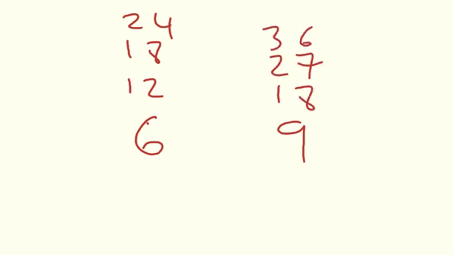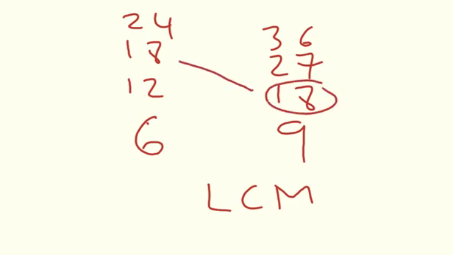It can go on forever, basically. But lowest common multiple means it's your multiples, it's the common one, but it's the lowest one. Now the lowest one, where they're both common, is 18. Look, 18, 18. So in the 6 times table and the 9 times table, the lowest common multiple is 18.